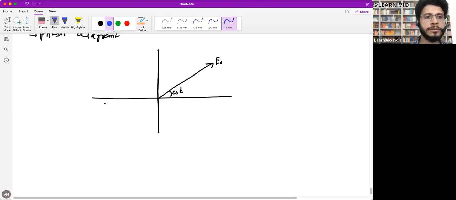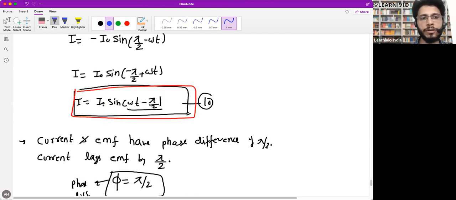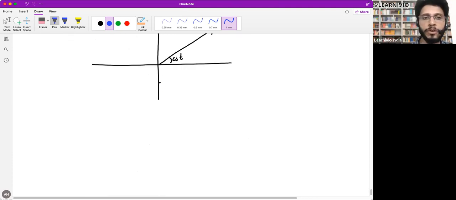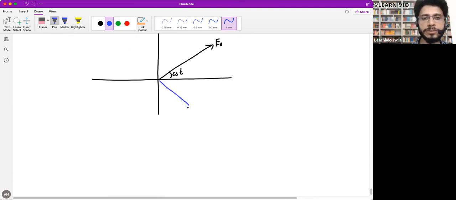For current, the length of the arrow is I naught, but the phase is not omega t, it's omega t minus pi by 2. This is omega t and this is pi by 2. So from the diagram, you can see your current lags EMF by a phase difference of pi by 2.